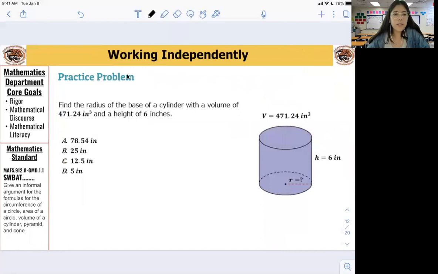Okay, one more. Just another practice problem. Go ahead and try this one on your own. I'll give you guys about 2 minutes on this one. Or actually, you might need more than 2 minutes. I'll give you guys about 4 minutes.